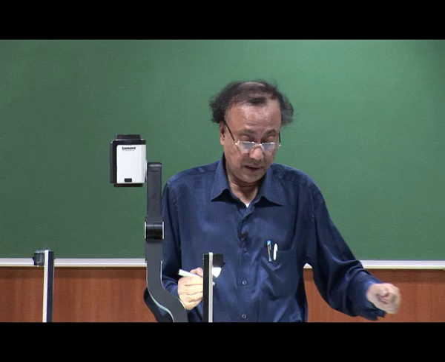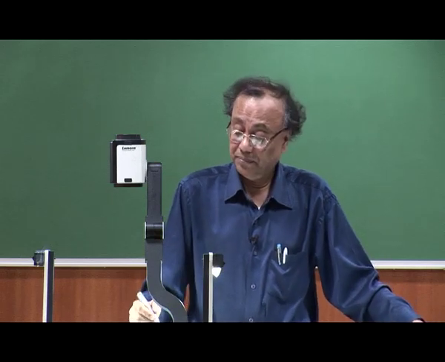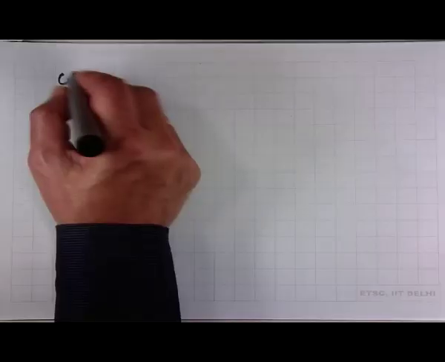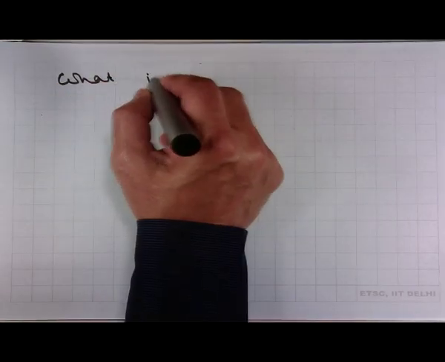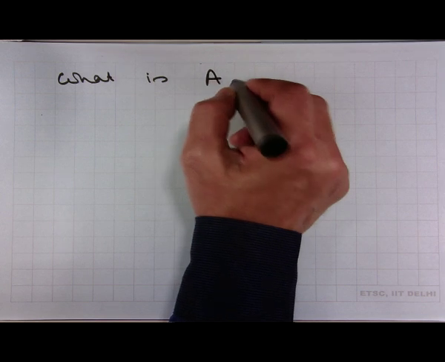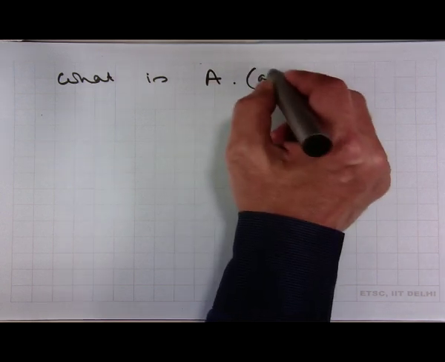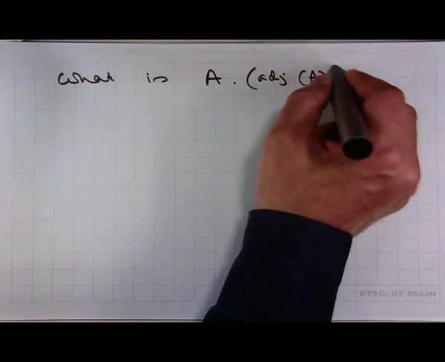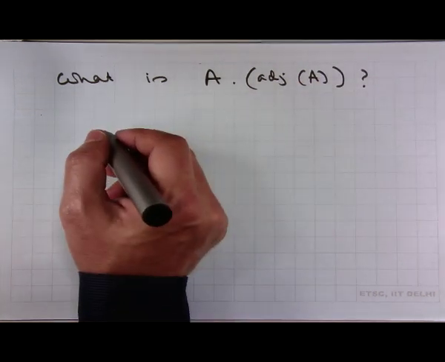Now, what is the product of A times adjoint of A? So, let us do it.